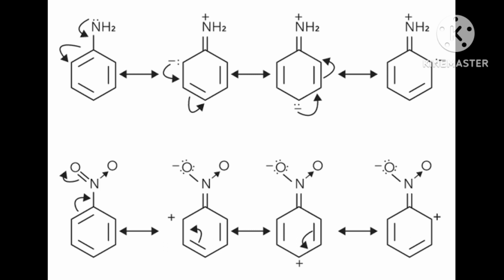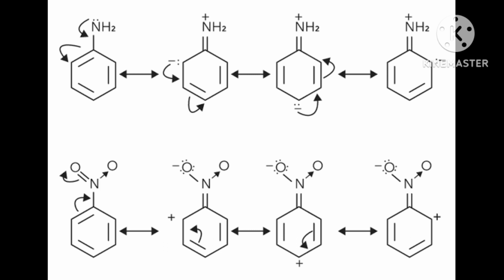Then in this way, the complete lone pair of electrons of nitrogen moved on the entire atoms of the benzene ring. There were 6 atoms: first the NH2 itself was attached, then 5 carbons. The lone pair of nitrogen moved on all 5 atoms of the benzene ring.